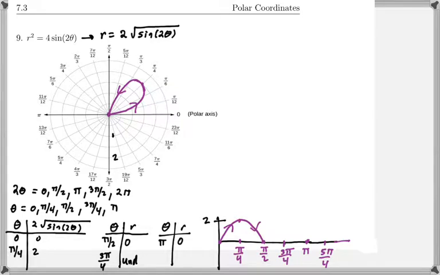So sine of 2 times 5 pi over 4 would be the sine of 5 pi over 2, which is the same as sine of pi over 2, so it's going to be 1 times 2 is 2. Okay, and then 5 pi over 4 plus pi over 4 would be 6 pi over 4, which is reduced to 3 pi over 2.